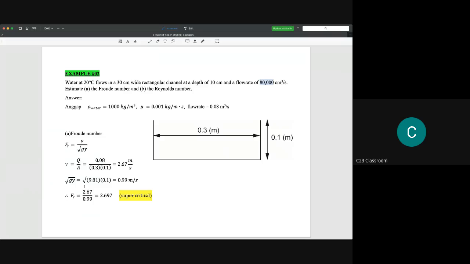Then we can calculate the value of square root of gy. We substitute the gravity and the depth here, and it is equal to 0.99 meter per second. We can calculate the Froude number, and it is equal to 2.697. Because it is more than 1, we can say that this flow is supercritical.